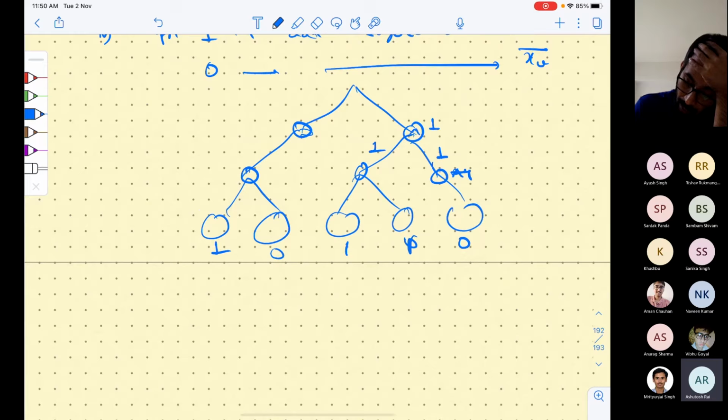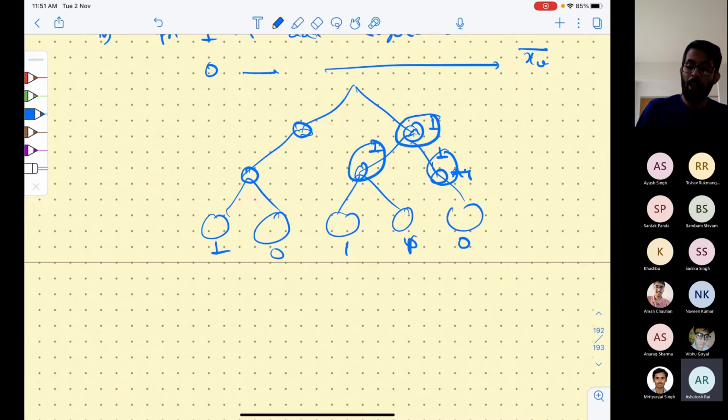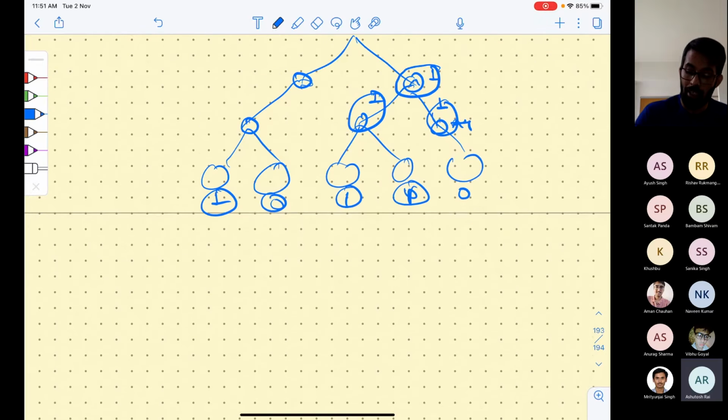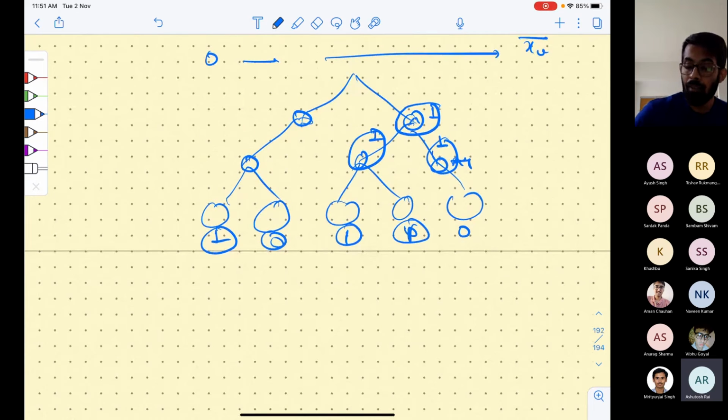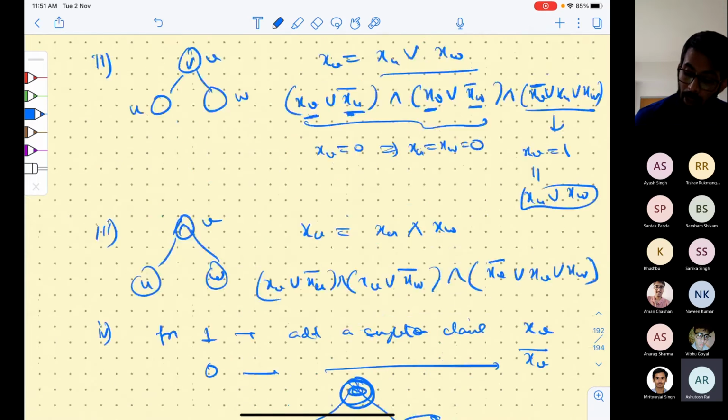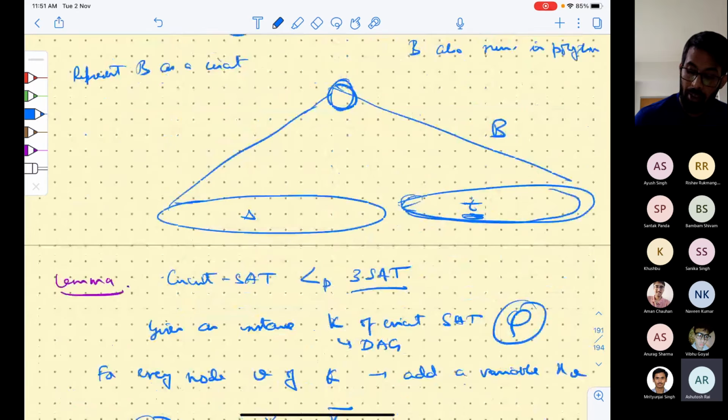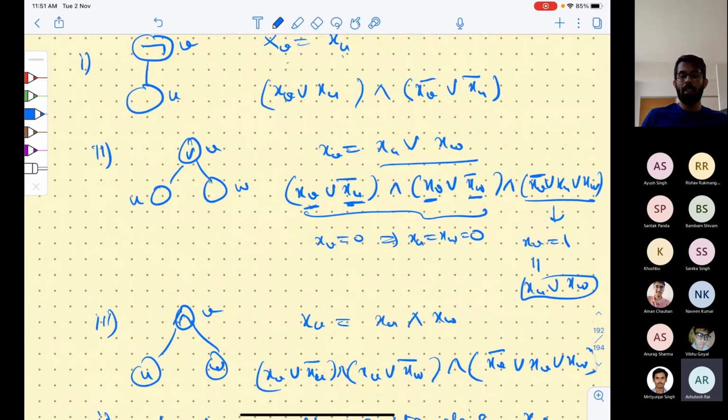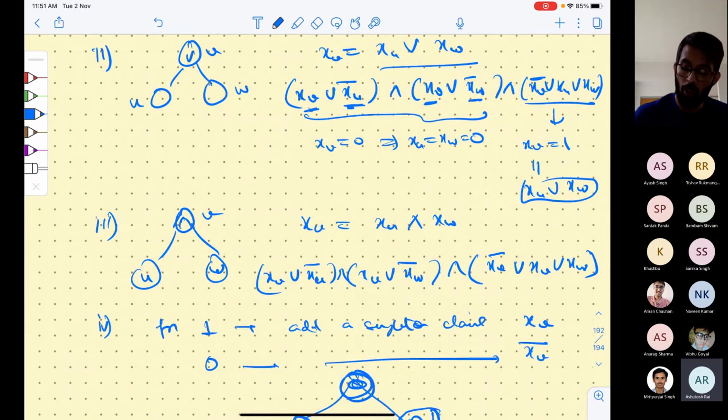This was AND, this became 1, right? So if you just put this variable's value to 1, this one's to 1, this one's to 1, and so on, it will exactly evaluate whatever the value was of the circuit sat instance. And similarly from the sat instance, you get an assignment and put those values here, and it will actually give the output of the circuit sat instance. You can verify that. This reduction is easy because the problems are very similar: circuit sat is in the circuit format, sat is in clauses format. So you have to just change it to clauses.